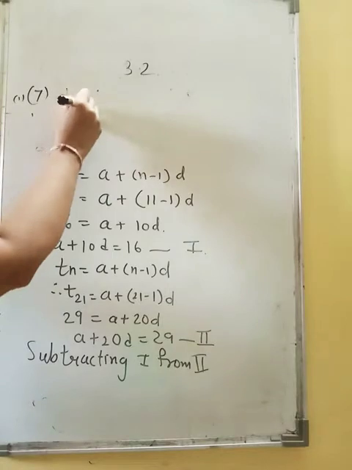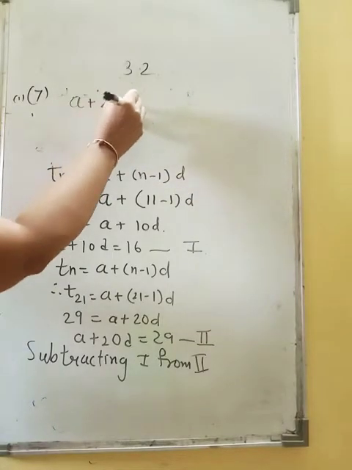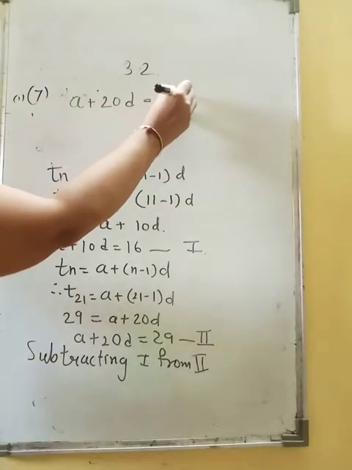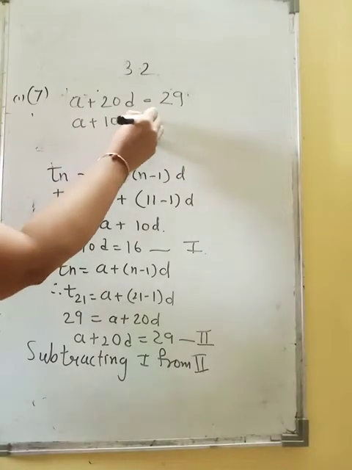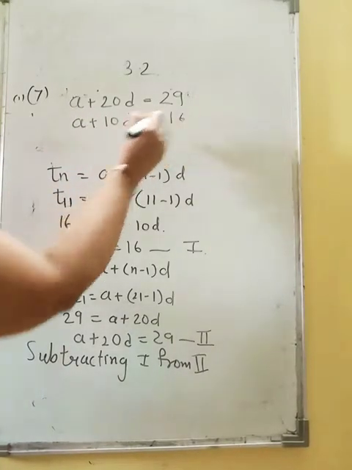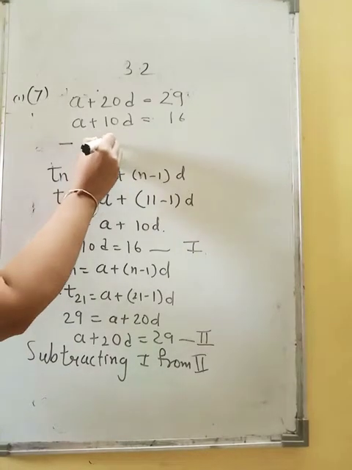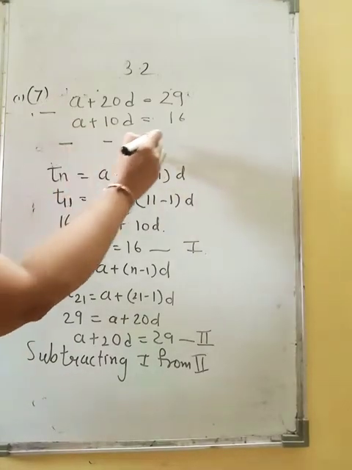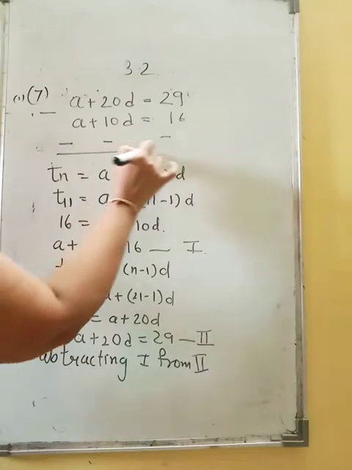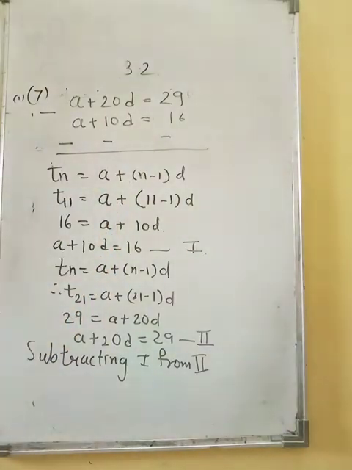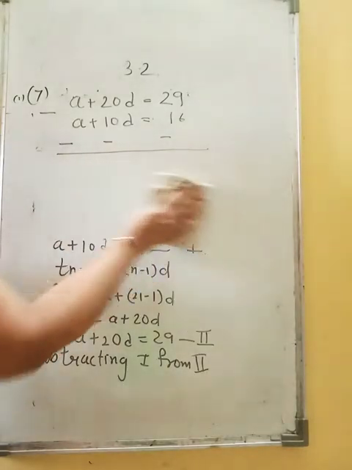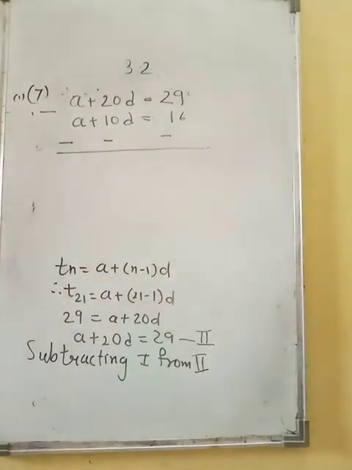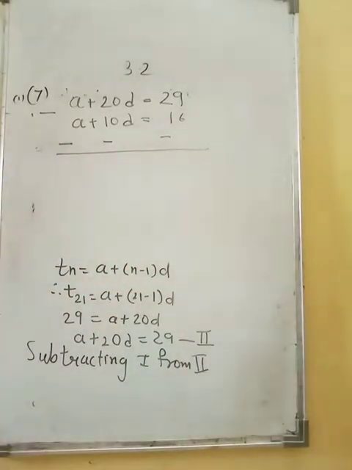So we have A plus 20D is equal to 29 and A plus 10D is equal to 16. So we are doing the subtraction. So the sign down will change. Use one line to change the signs. Once you do it, now we are going to take into consideration this part.